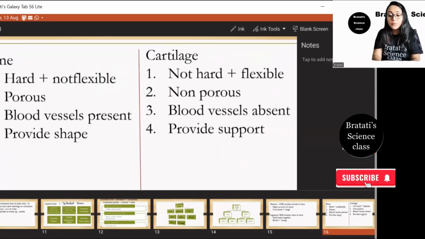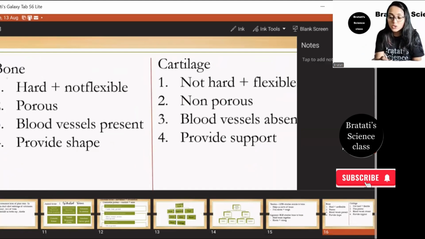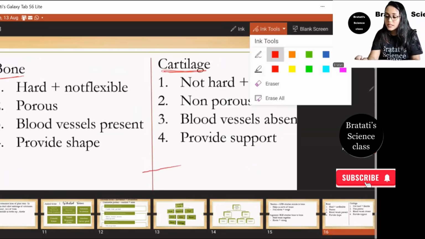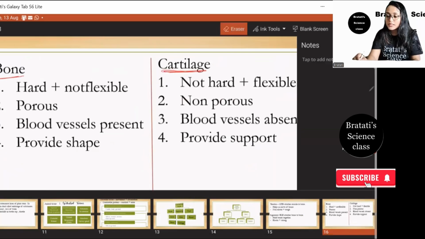Now coming to bone and cartilage. What are these two? The bone, as you know, is hard and not flexible. But the cartilage is flexible. Cartilage is present in the tip of the nose and the tip of our ears.